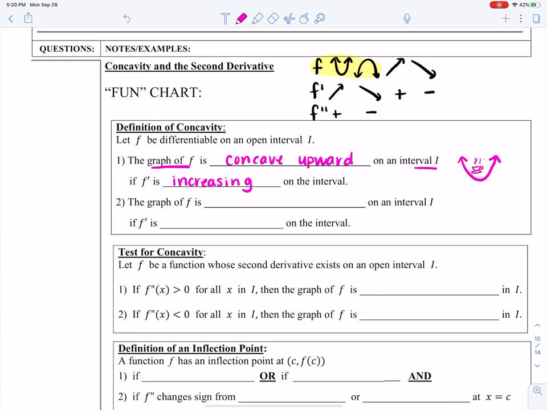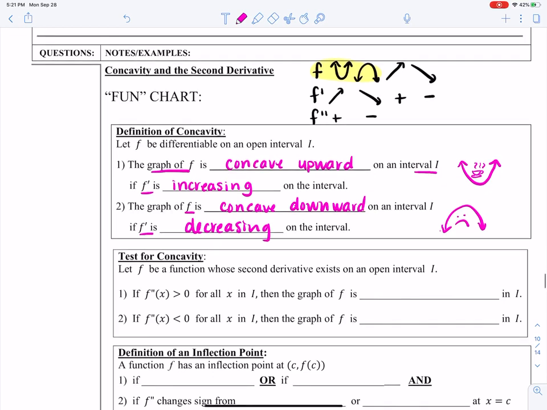And there's my little coffee cup. Okay? The graph of f is said to be concave down on an interval if f prime is decreasing. And so I'll draw a nice concave down graph, concave down like a frown.